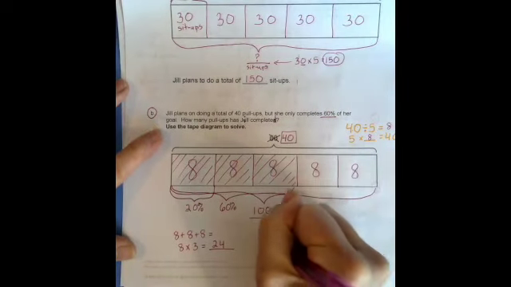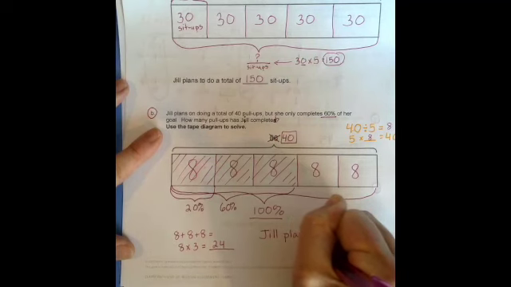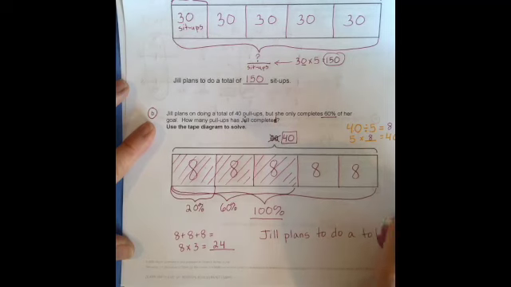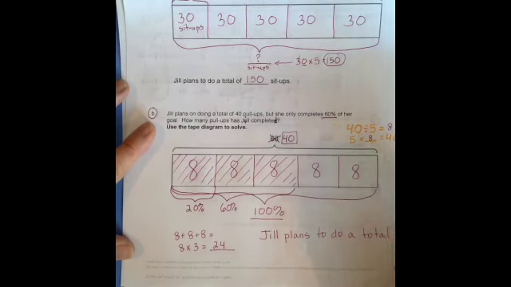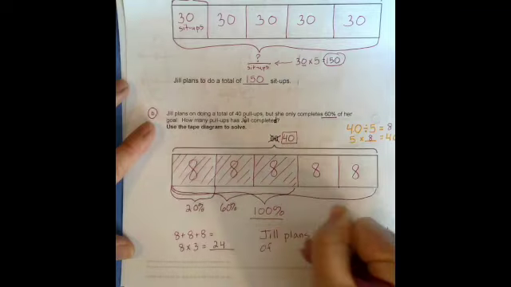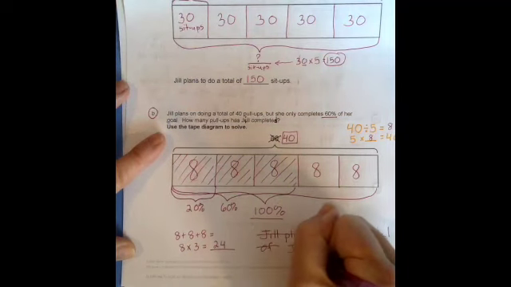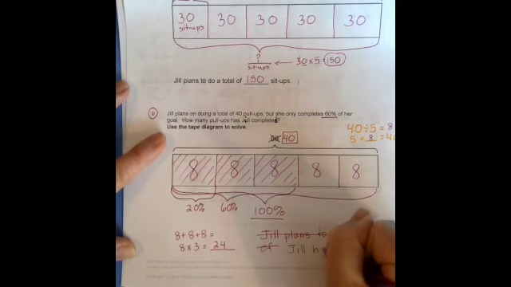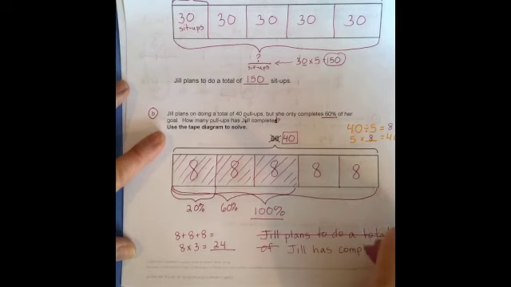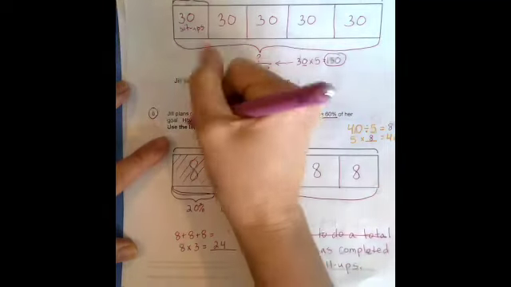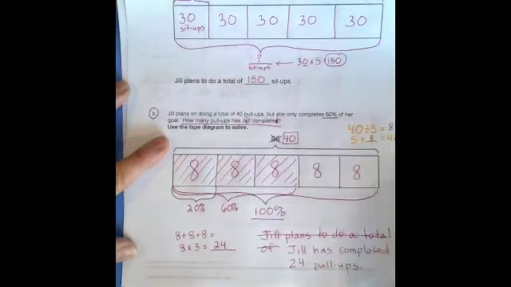That means that Jill has completed 24 pull-ups, because it asked me, how many pull-ups has Jill completed?